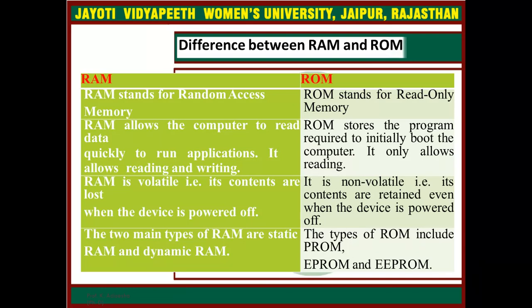RAM is volatile, that means contents are lost when the device is powered off, and ROM is non-volatile, that means contents are retained even when the device is powered off. So the two main types of RAM are static and dynamic RAM, and the types of ROM include PROM, EPROM and EEPROM.